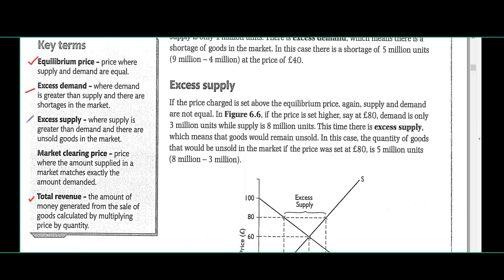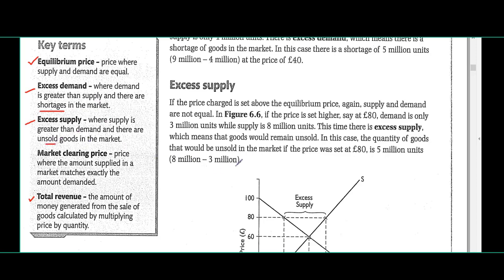One is excess demand and another is excess supply. Excess demand means when demand is higher than supply in the market, it will create some shortage. So higher demand, lower supply indicates excess demand. And excess supply is just the opposite, where supply is higher and demand is lower. So excess supply indicates there is an unsold product.